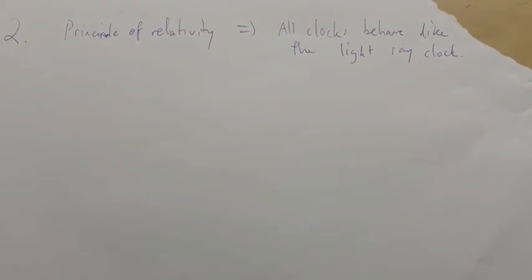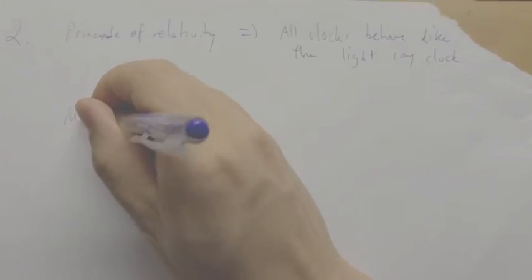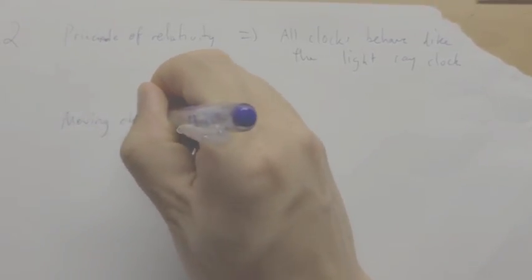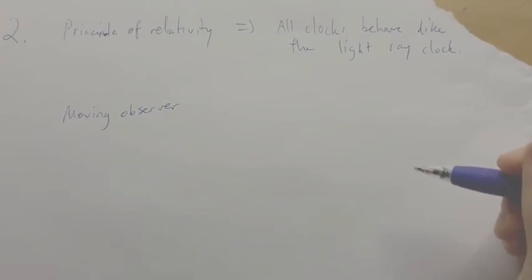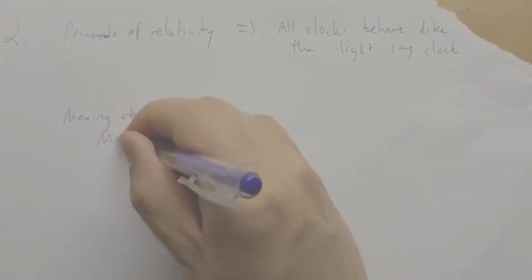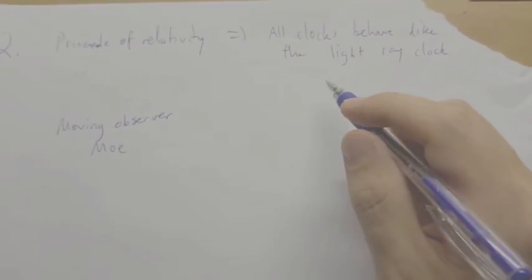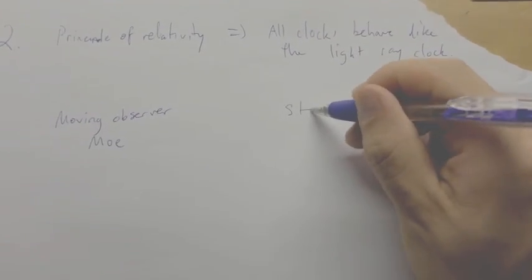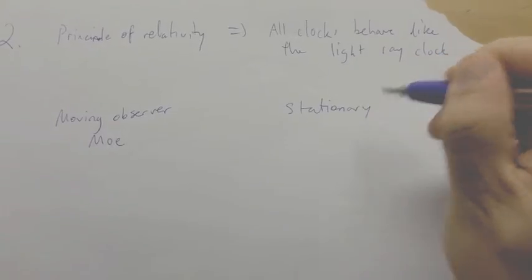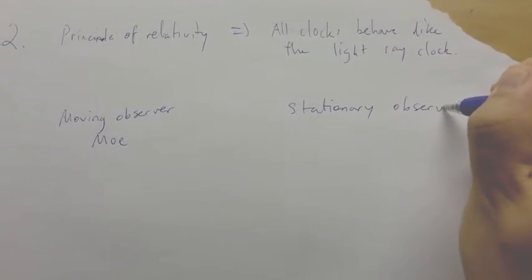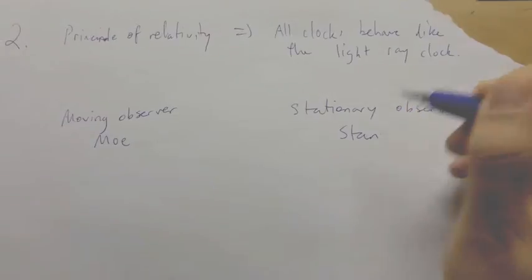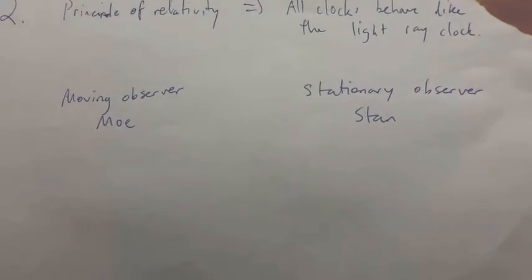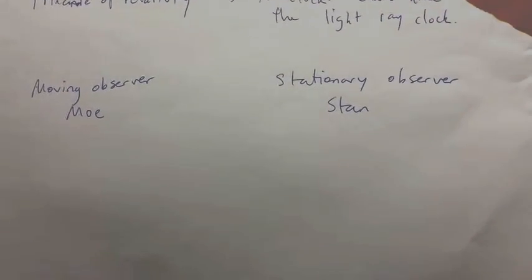And so we'll still consider 2 observers. Okay, so let's say observer 1 is moving observer Mo. And we have a stationary observer, Stan, which basically, I guess, is like us.